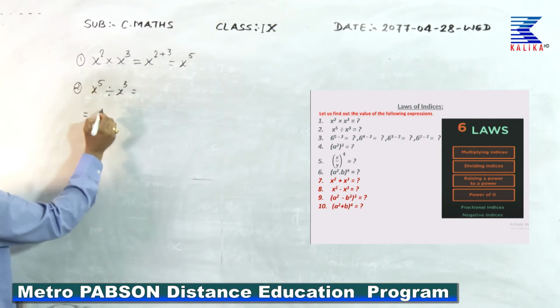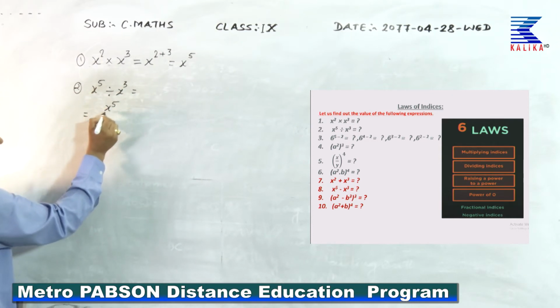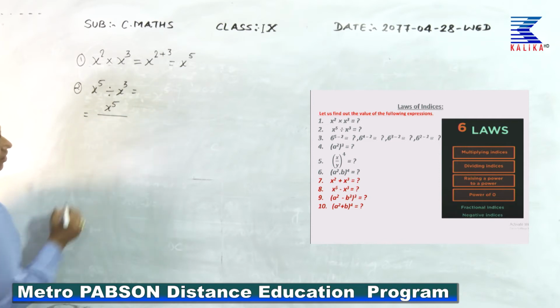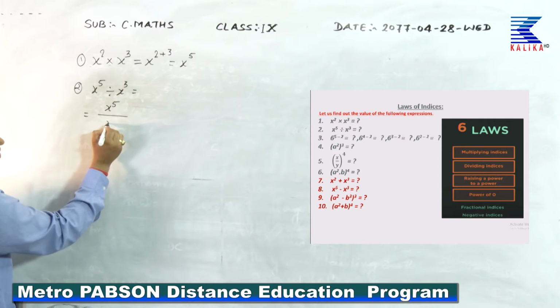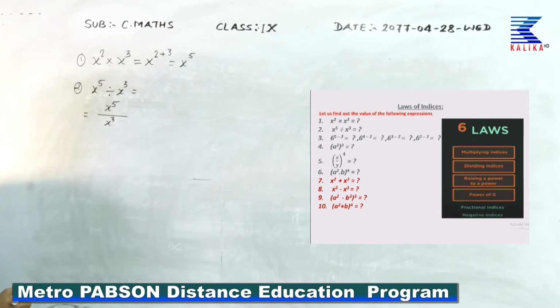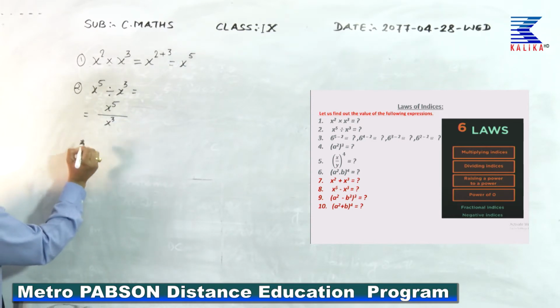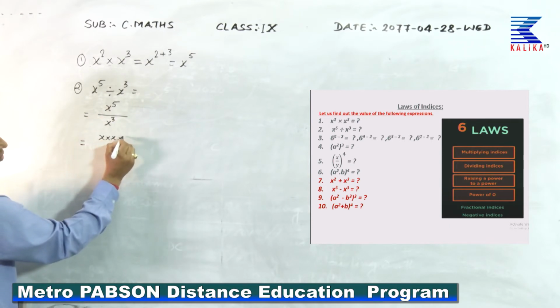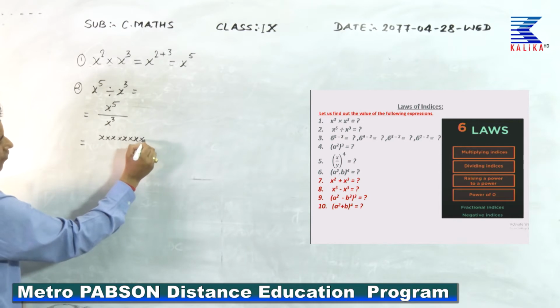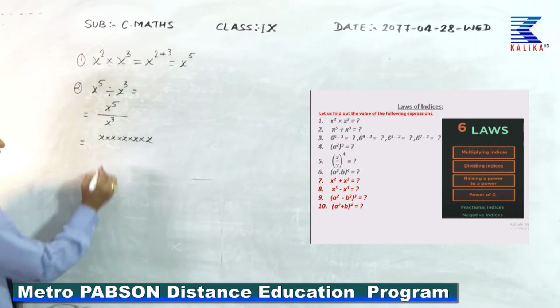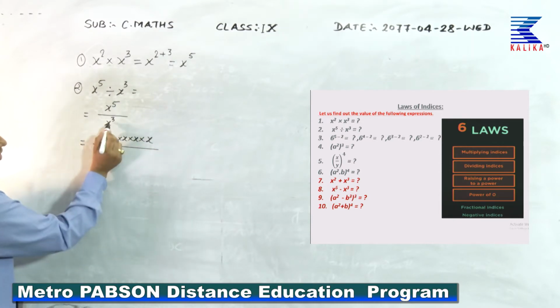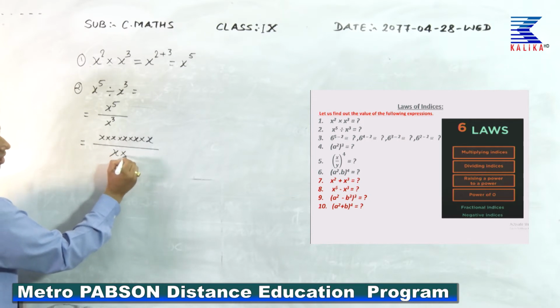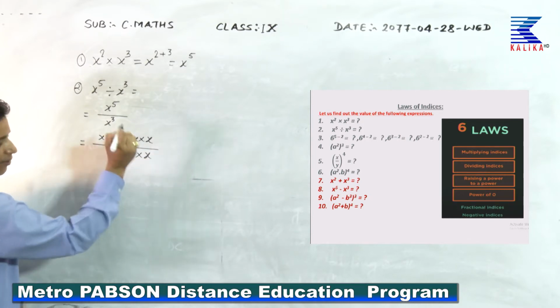X to the power 5 is here, the divide sign denotes division, and in the denominator we write x cube. Then x to the power 5 means 1, 2, 3, 4, 5 x divided by x cube, which is 1, 2, 3.